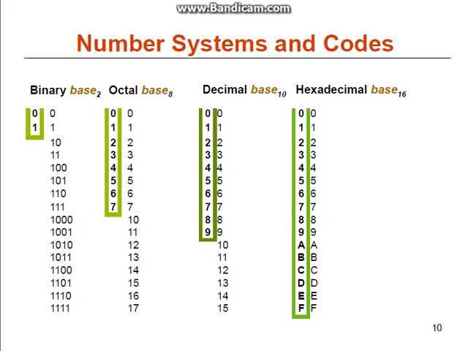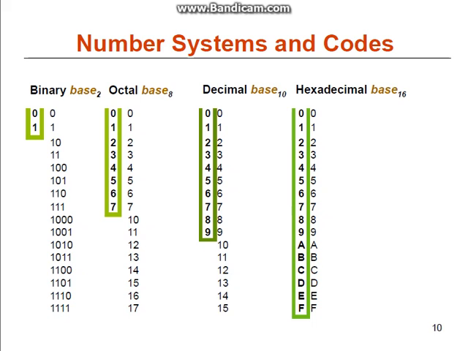Remember what we have talked about earlier. We have binary, which is base 2, octal, base 8, decimal, which is what we have always been talking about in our daily life, base 10, and hexadecimal, where hexa basically indicates 6, and decimal 10, so it makes up 16.